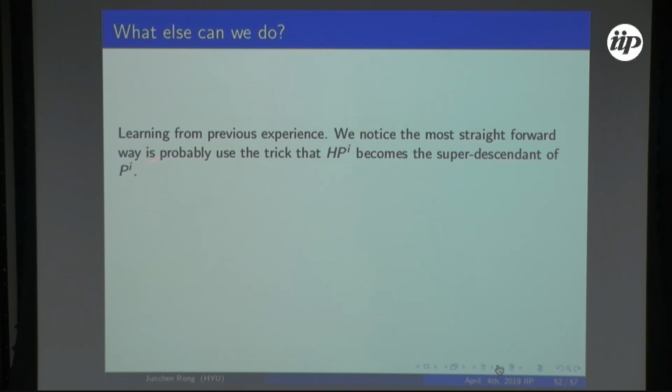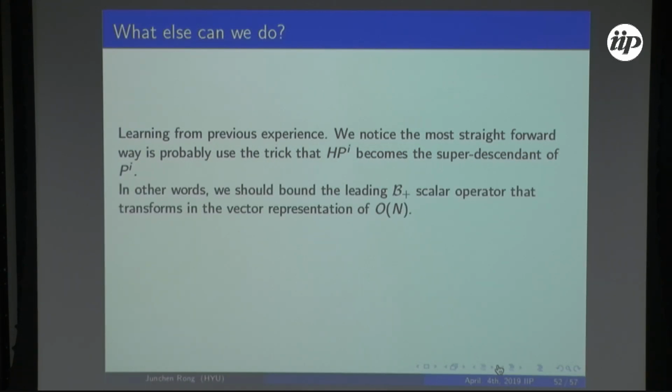Yeah, that's actually initially why we started to do this, and learning from our previous experiments, we noticed that the most straightforward way is probably to use the trick that H P I becomes the superconformal descendant of P I, right? Because that's where this jump appears. That means we have to be able to access vector representations of the O(N) group. In other words, we should bound the leading B plus scalar operator that transforms in the vector representation of O(N).